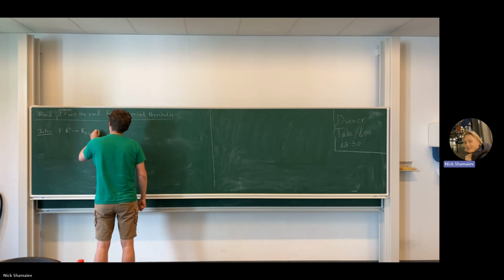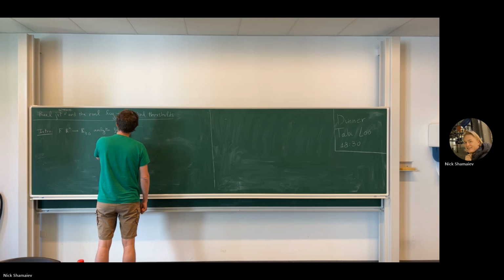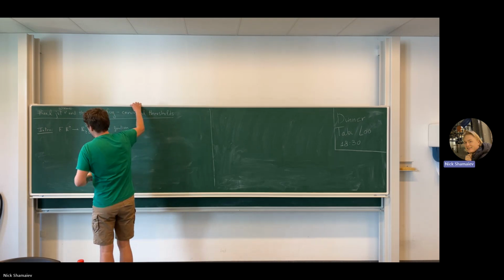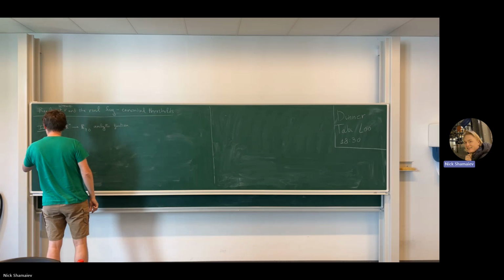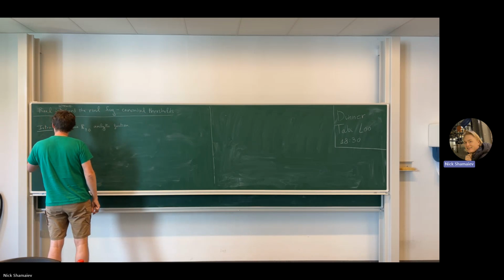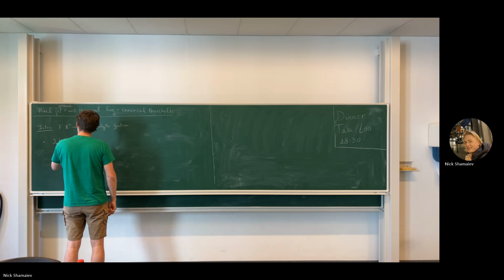So I start with an analytic function, let's say a non-negative analytic function on R^n. And I can associate to it two objects. First of all, I can look at the jet scheme.